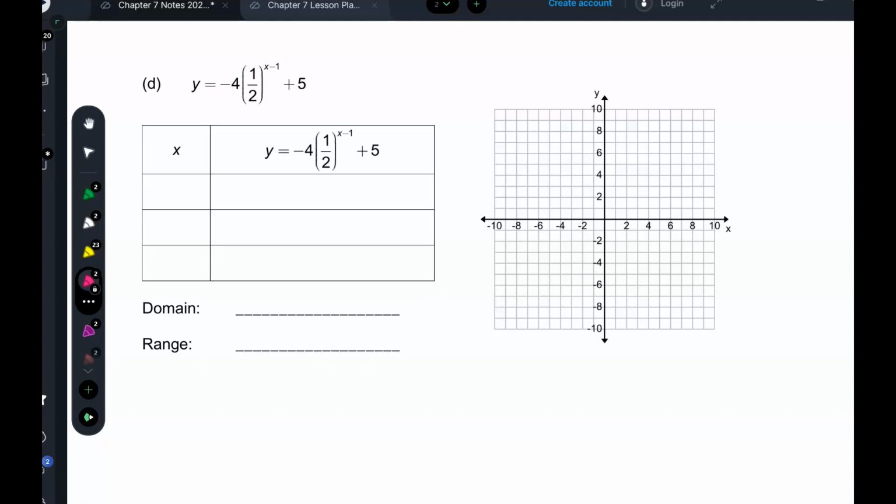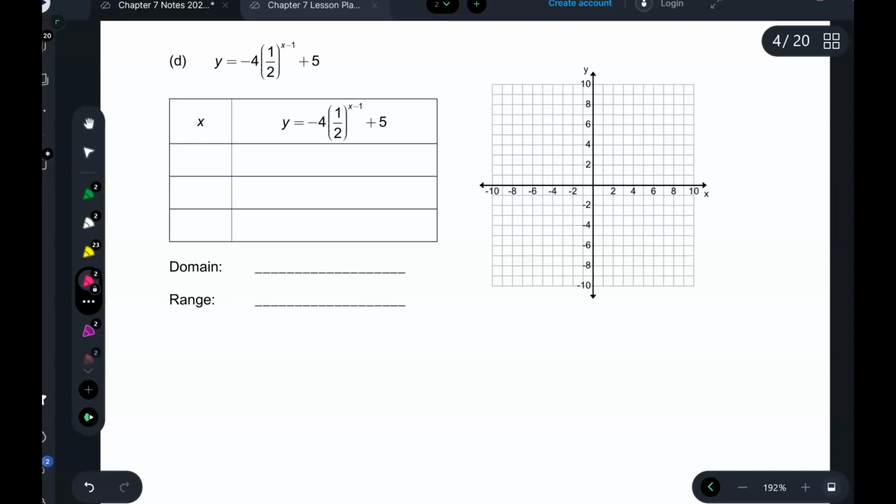You want to try this one? Y equals 5. It's the same reason that when we do parabolas, if it was x plus 3 squared, it would move to the left. Do you remember those? All right, give this one a try.